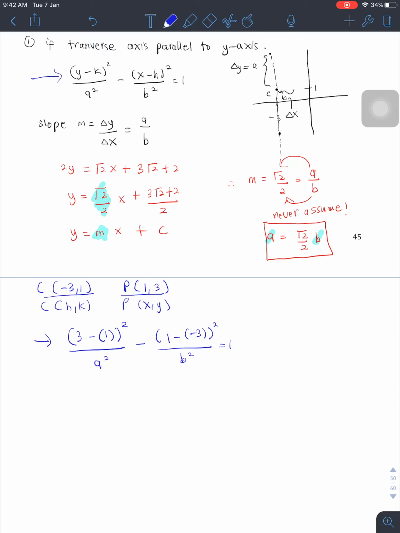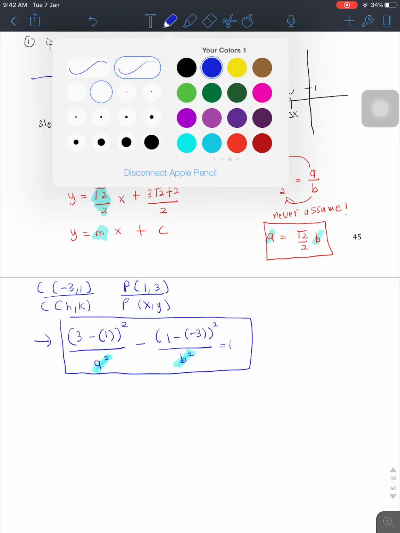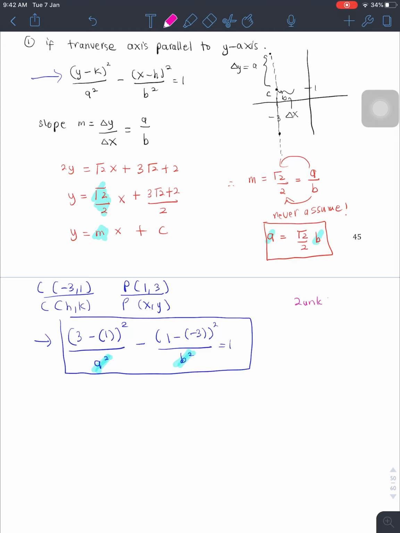Now over here, you got another equation with the unknowns a and b. So when you have two unknowns, to solve for two unknowns, basically you need two equations. So the question is, do you have the two equations? You do have. This is the first one. This is the second one. Now, what we do is simultaneous equations.